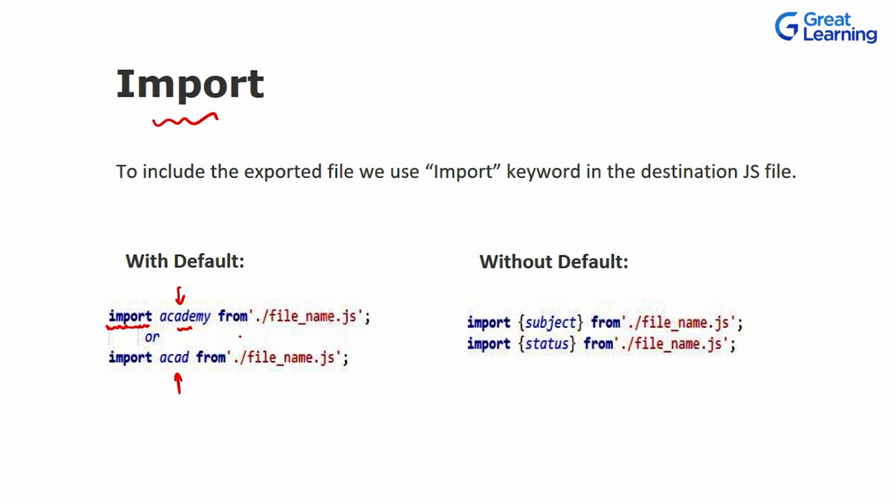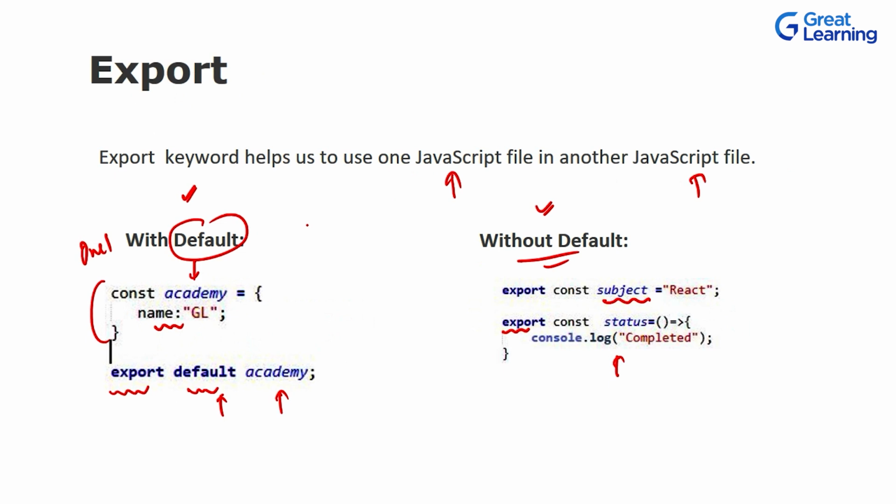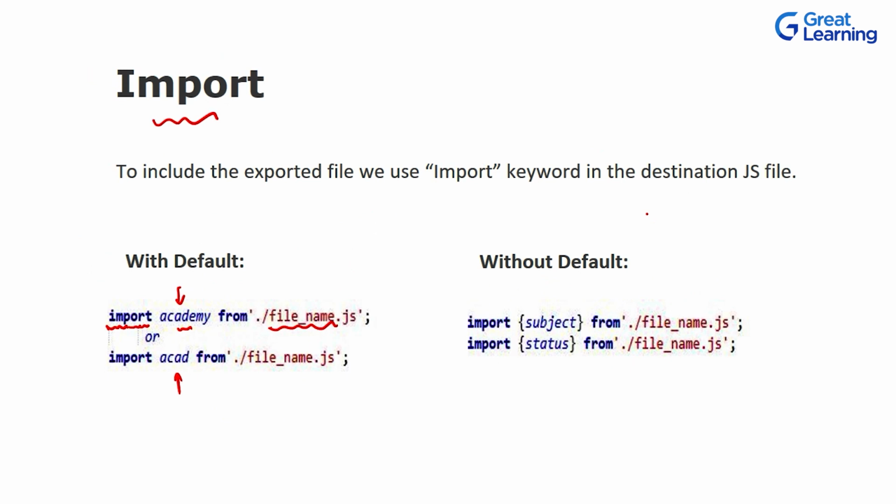It can be the same or different. And then the name of the file from which you are importing it. Let's suppose the file name is file name.js. This is one file name and this is another file name. We have to use that same file name over here. So this is when we used the default keyword.